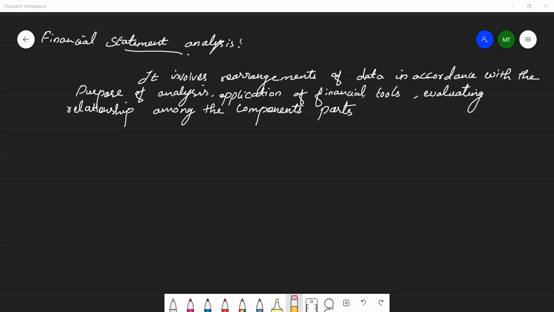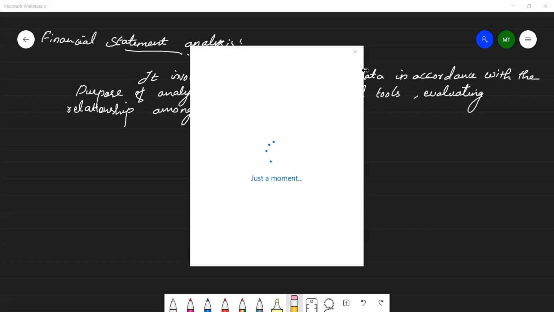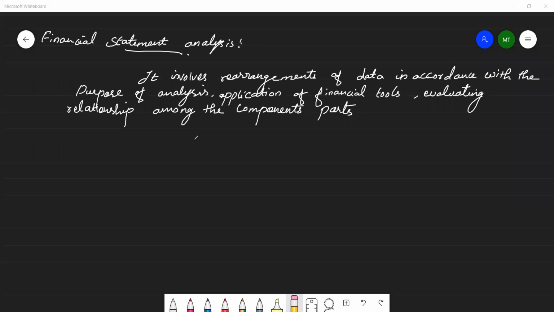Thus financial statement analysis includes both analysis and interpretation.